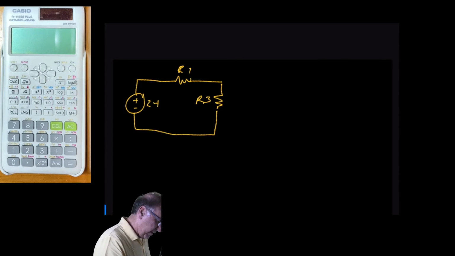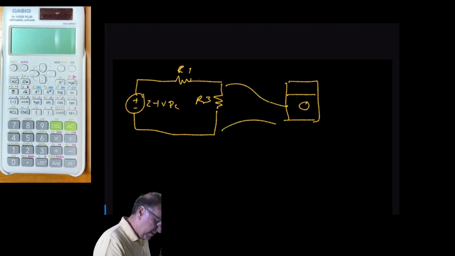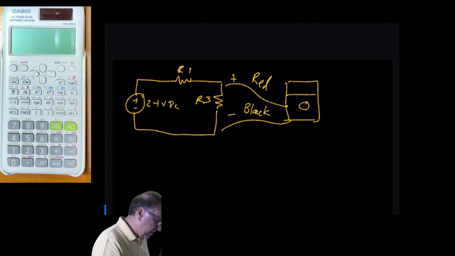A 24 volt DC power supply, and we have a voltmeter out here measuring the voltage with leads. We have a red and a black lead on our meter. That's reading 15 volts DC.